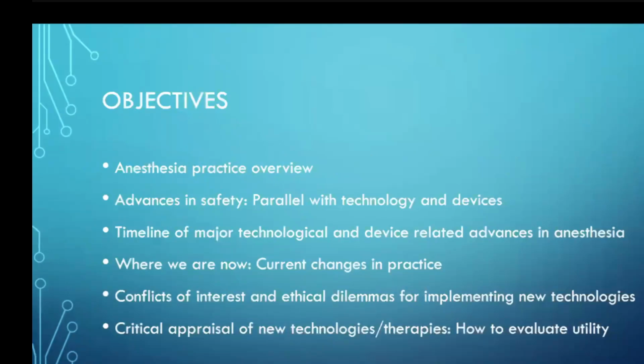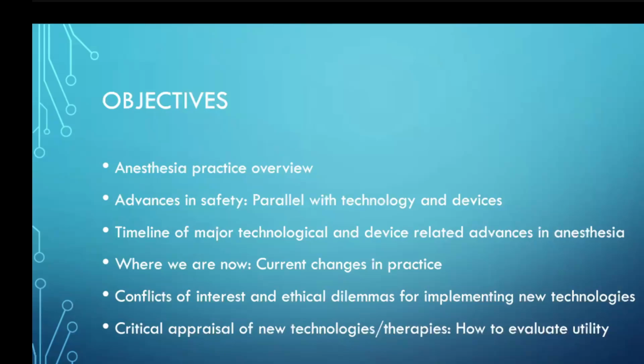Overall, we'll talk about anesthesia, what it is, and go over some of the history of it in brief. We'll talk about advances in safety over the past century or so, which ties in very closely to technology and device implementation, so I think it's good to go over both of those in parallel. Then we can briefly go over a timeline of major technological advancements.